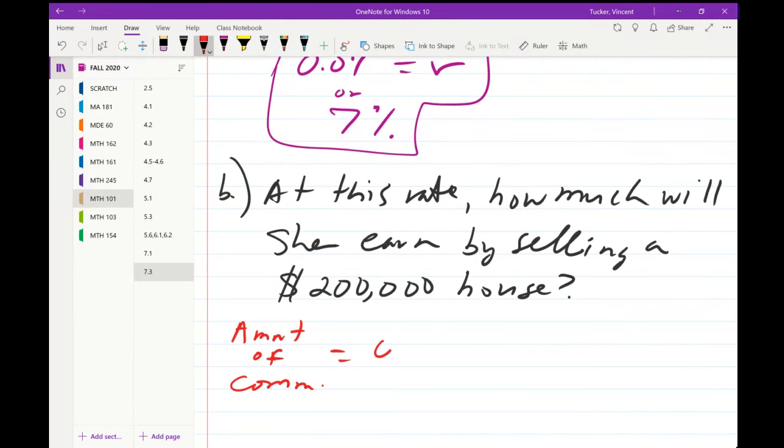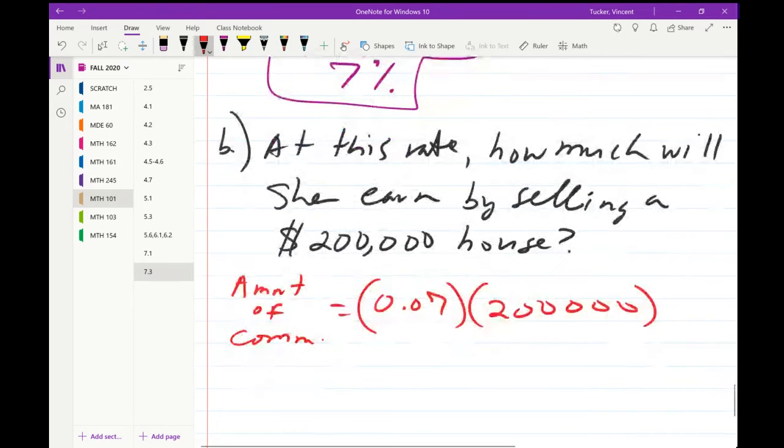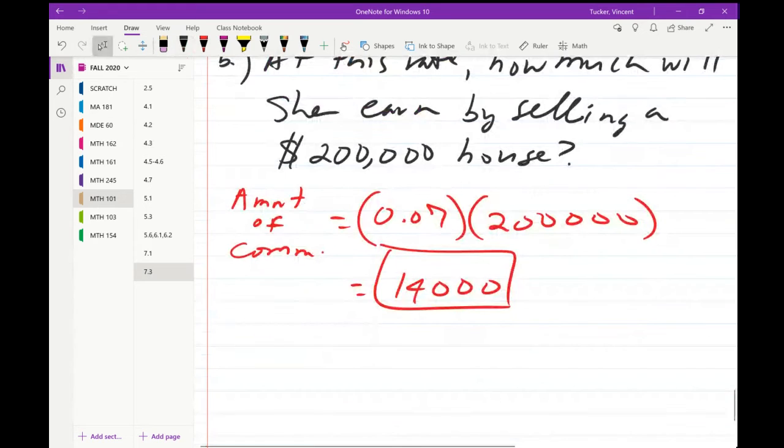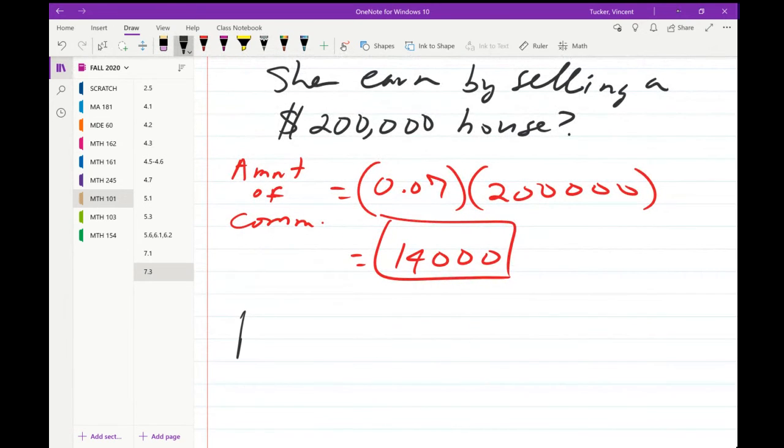That's going to be 0.07 times 200,000, and that'll be 14,000. Any questions?